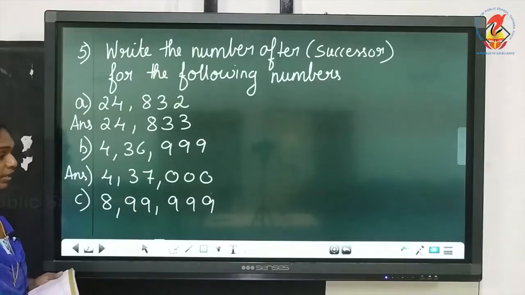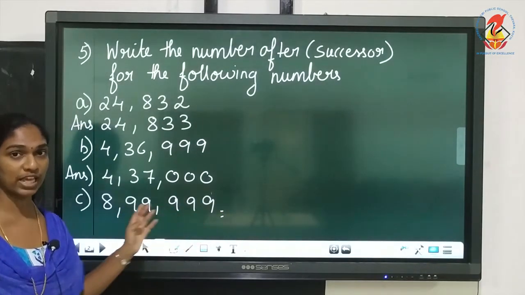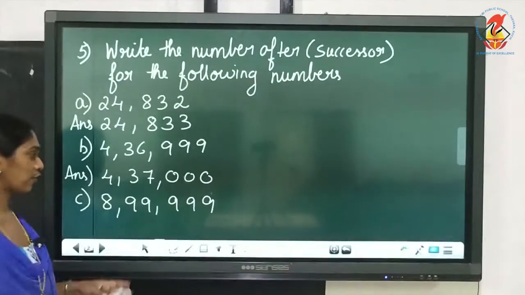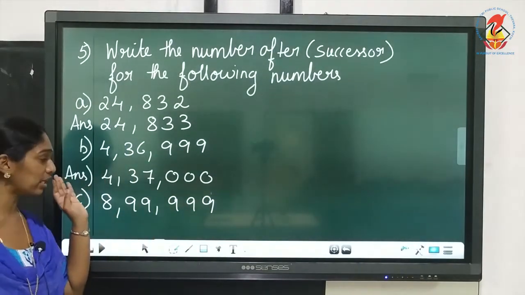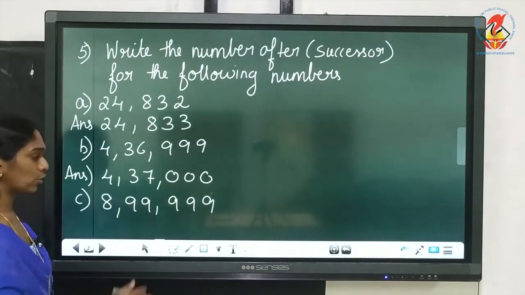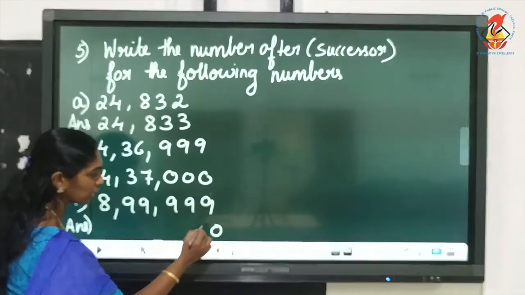8,99,999. Again, you can see there are 5 9s at the last. Together, there are 5 9s. If you have like this, so many 9s together at the end of a number, what you can do is, you will make all the 9s as 0.